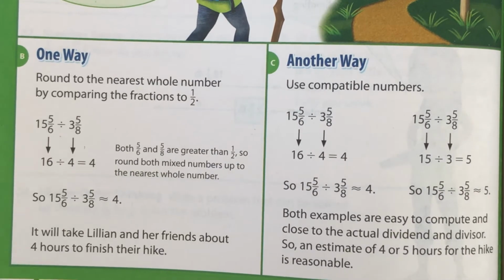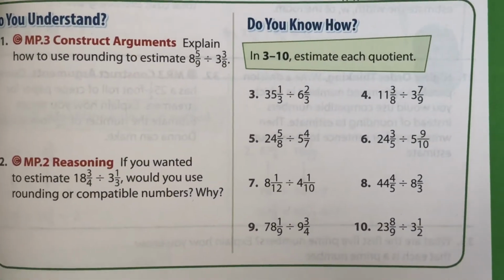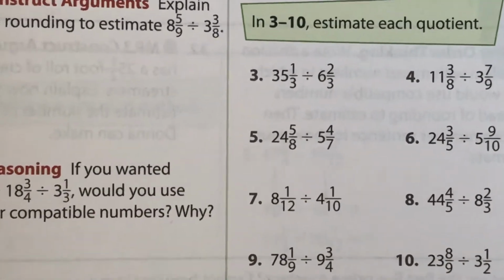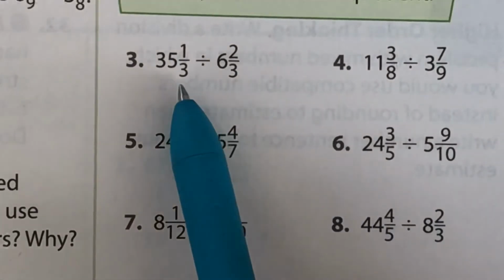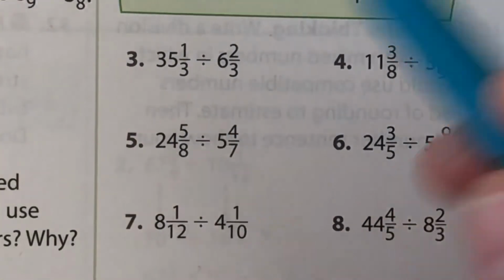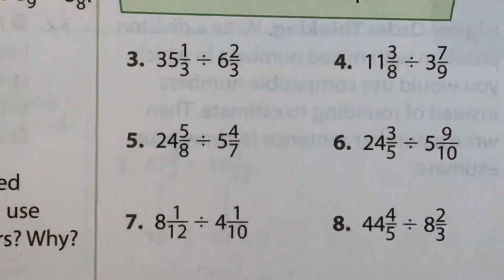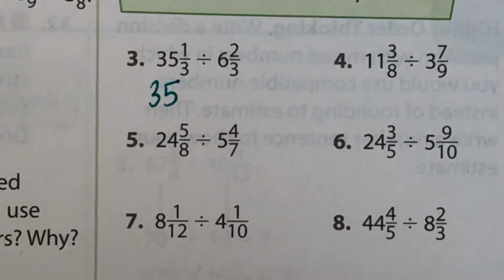All right, so let's do a few examples together. All right, so let's look at this first one. I'm going to round this down because 1/3 is less than half. I'm going to make this 35.